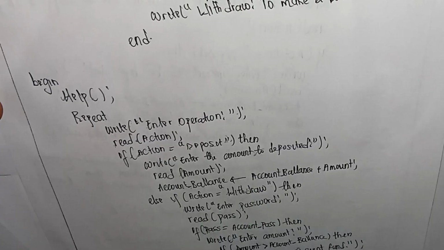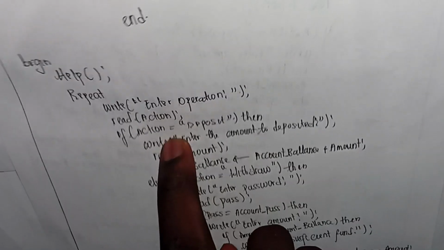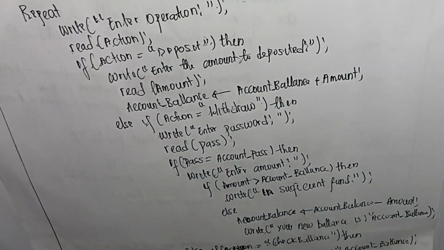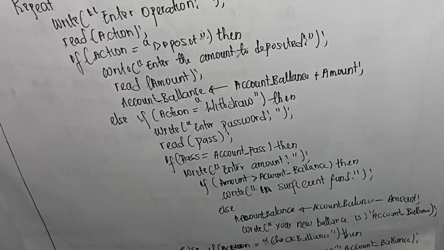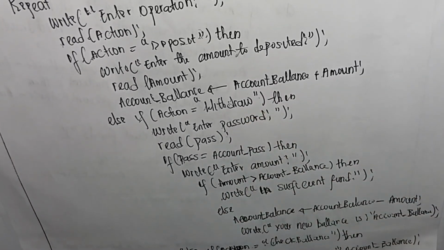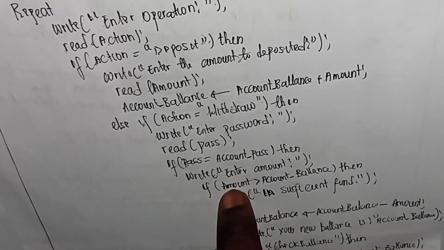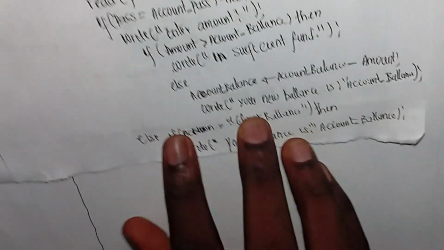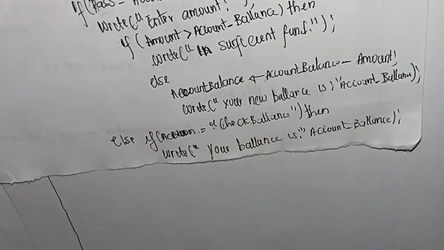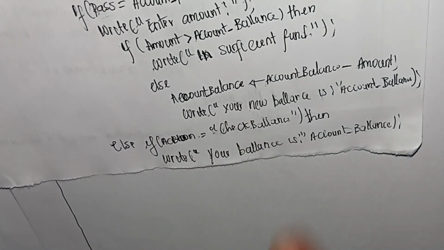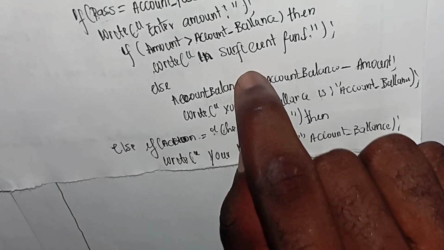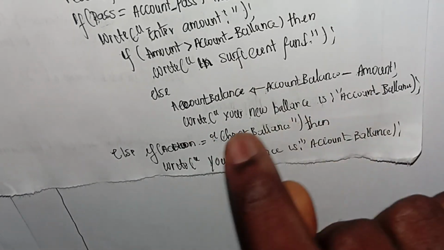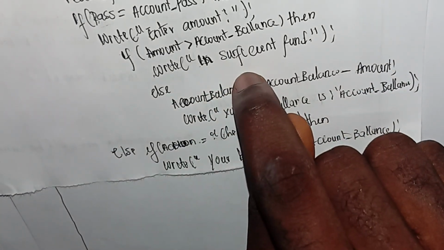We have the first case where it is a deposit. We have the second case where it's a withdrawal, and if it is a withdrawal, we're going to need the password, and if the password is okay, we're going to check if the amount is greater than the balance, and if all of those things are correct, then we are going to withdraw the money and display the account balance, else we are not going to do that.